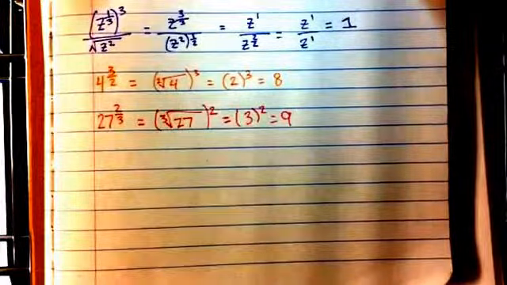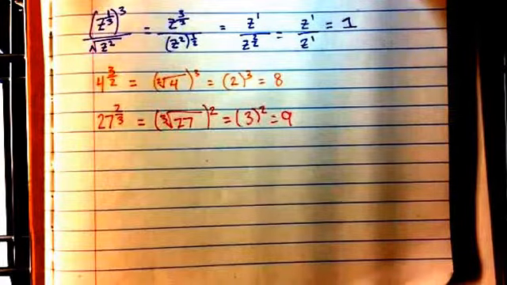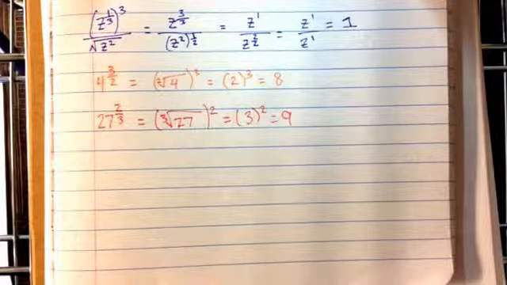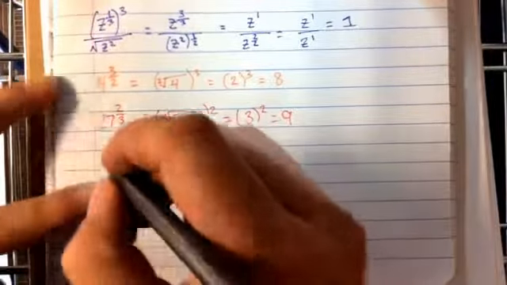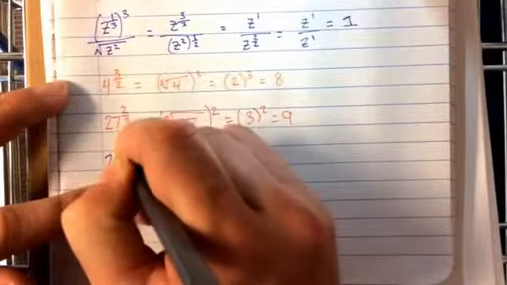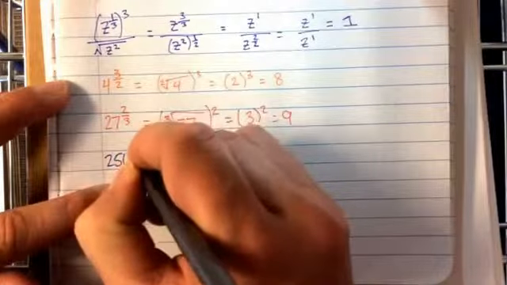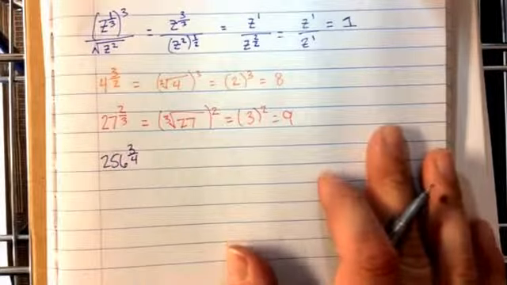How about if we had 256 to the 3/4 power?